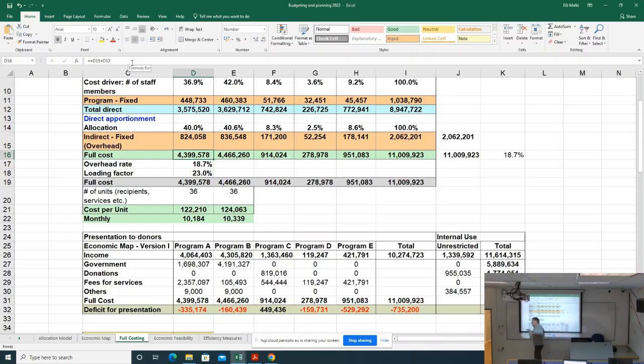So this is basically what we'll do in terms of allocation. And since this is a bit heavy, we will do one last thing, and then I will refer you to the exercise so you can practice. Once we have the full cost of each program, there is another step that we can do, and that is to calculate the cost per service recipient.